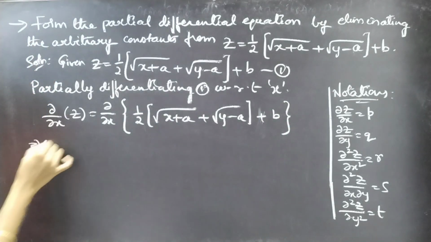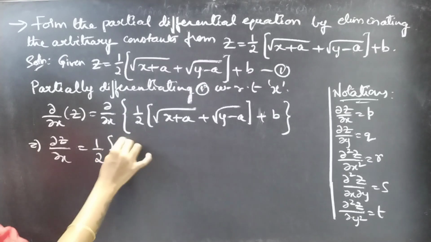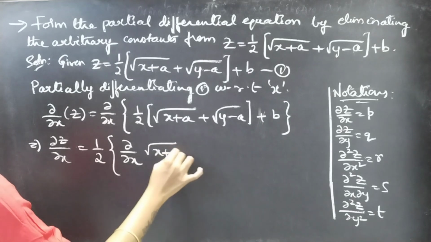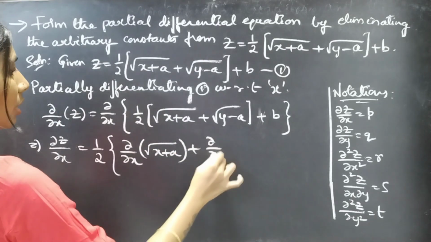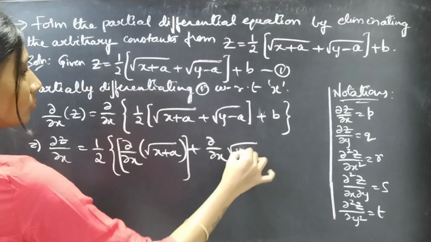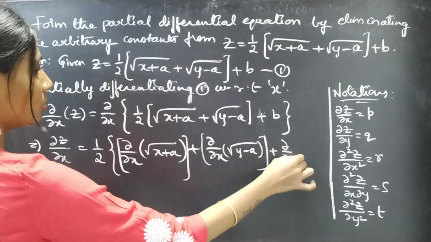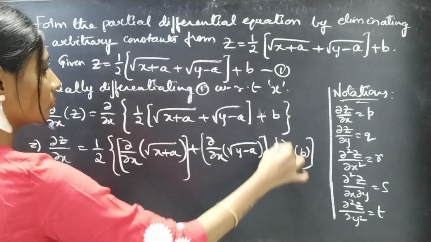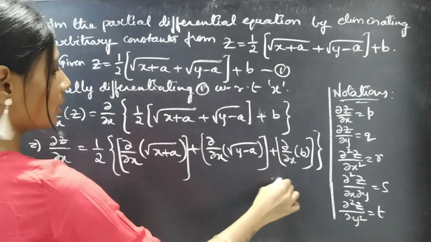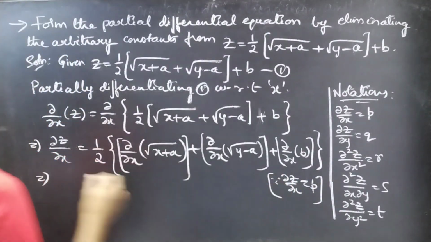This gives us dou z by dou x equal to 1 by 2 into dou by dou x of the first term plus dou by dou x of the second term plus dou by dou x of the third term. Since we have the notation dou z by dou x equal to p, just replace dou z by dou x by p.